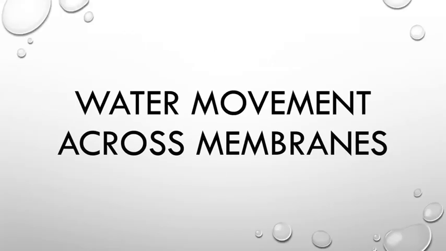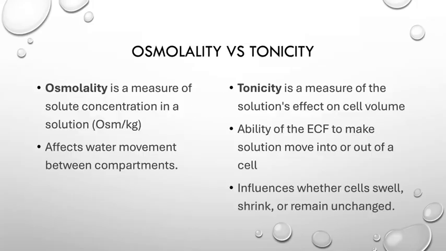Water moves freely across cell membranes driven by osmotic gradients. This movement is essential for maintaining equilibrium between the compartments. Water balance between the various spaces is achieved through osmolality. Osmolality is the concentration of solutes measured in millimoles per liter of a solution, in this case, water.